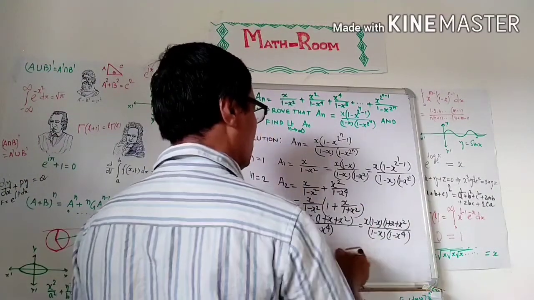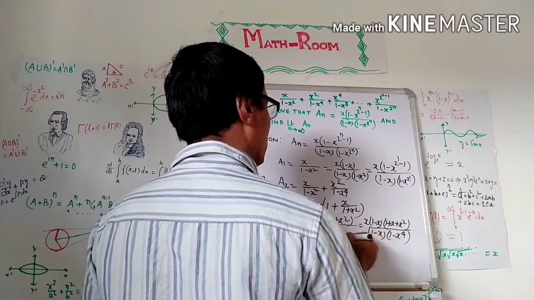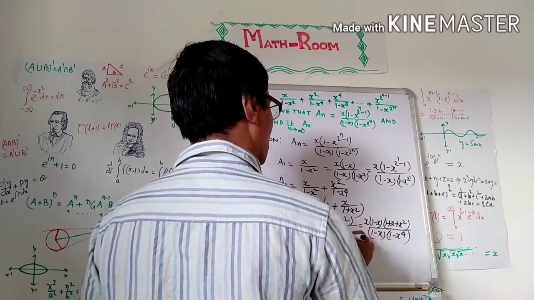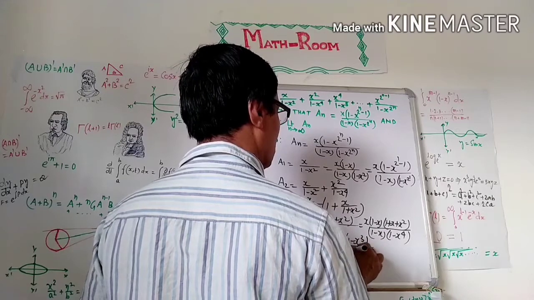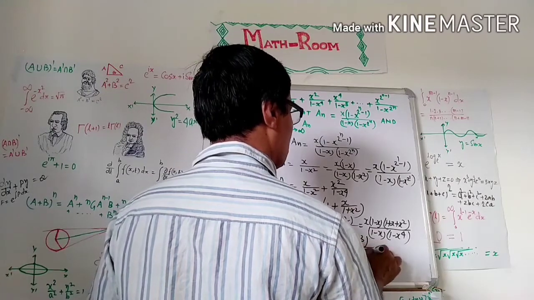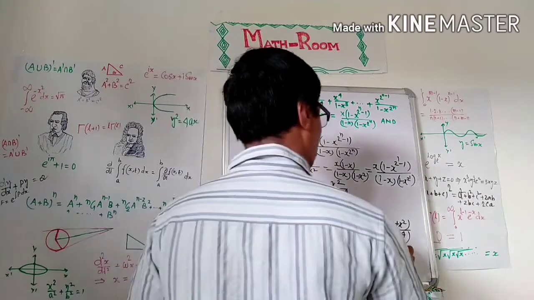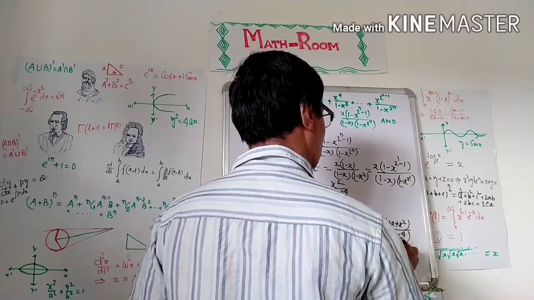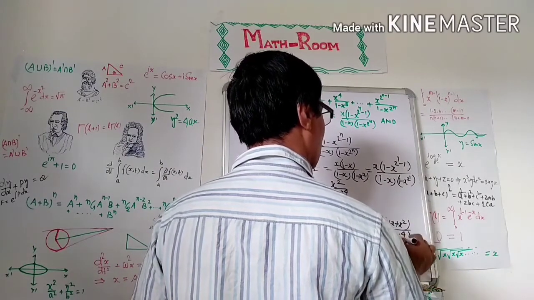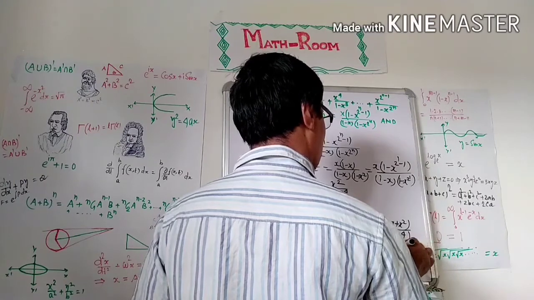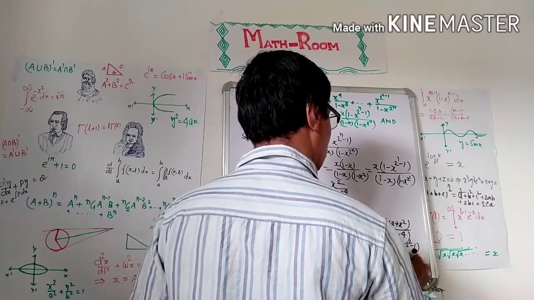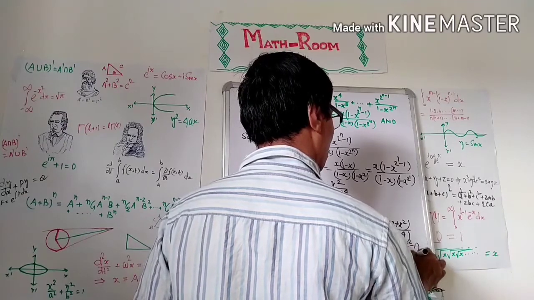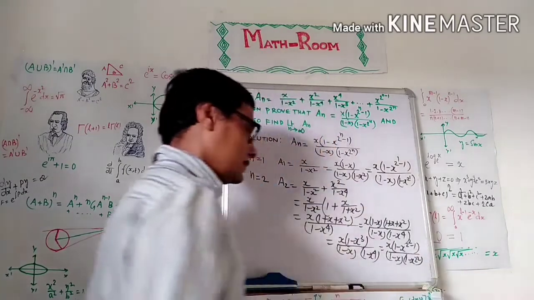So this can also be written as x into 1 minus x cubed over 1 minus x into 1 minus x to the power 4, which can also be written as x into 1 minus x to the power 2 to the power 2 minus 1 over 1 minus x into this.